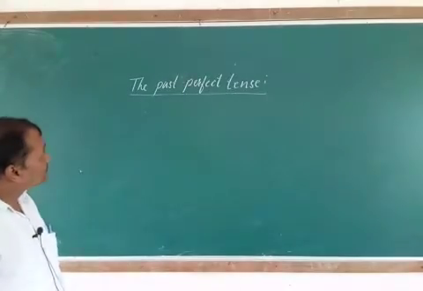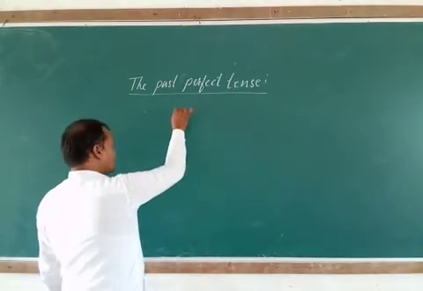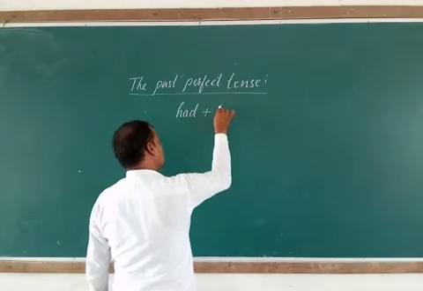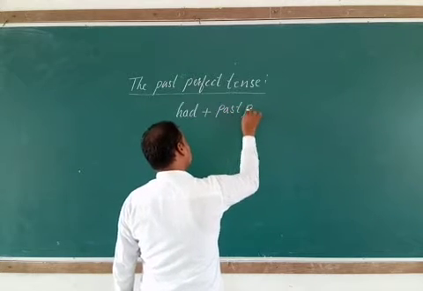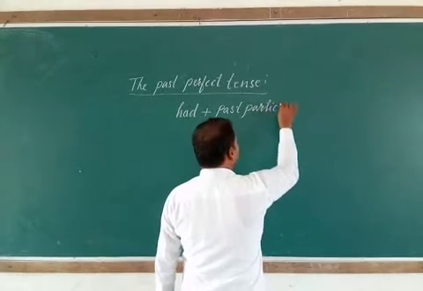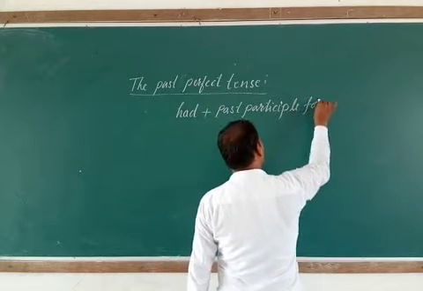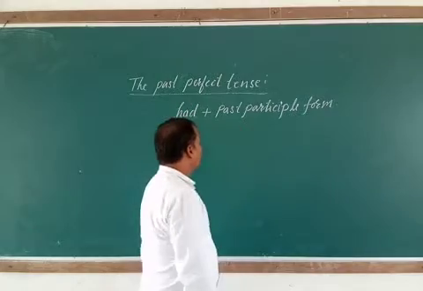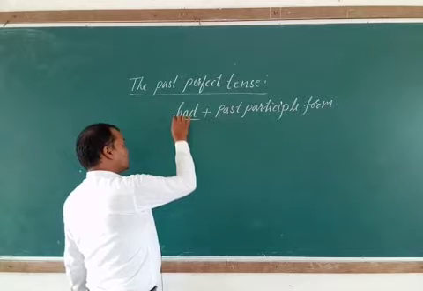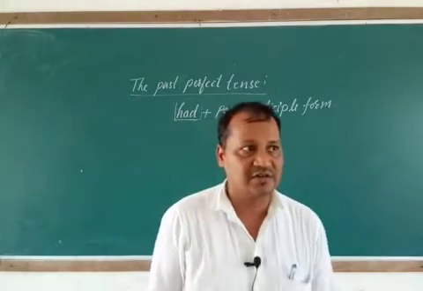So the structure of the sentence is very easy. It is quite simple. We have to use had as an auxiliary verb plus past participle form. Auxiliary verbs are grammatical words which are always connected to the subject of the sentence.